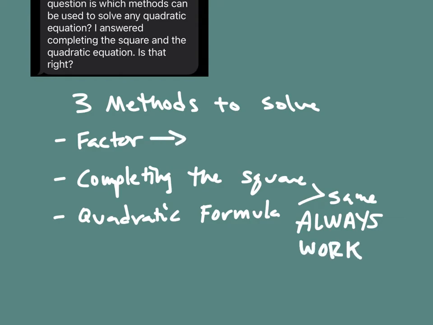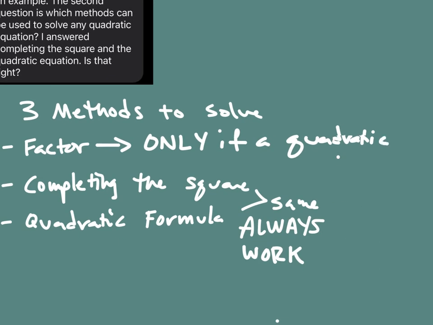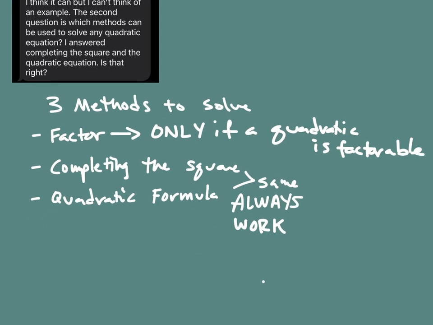It only works if a quadratic is factorable. Not every quadratic equation is factorable, but you can always complete the square and always use the quadratic formula because they will always work.